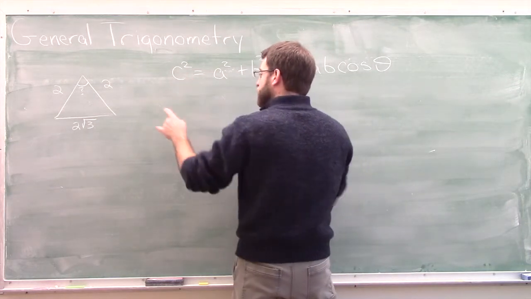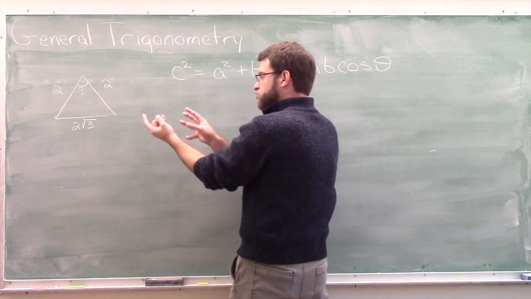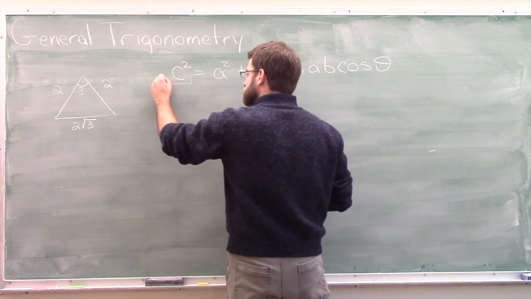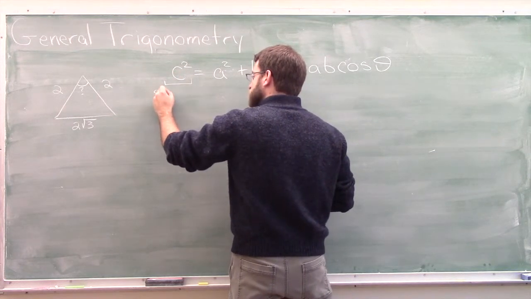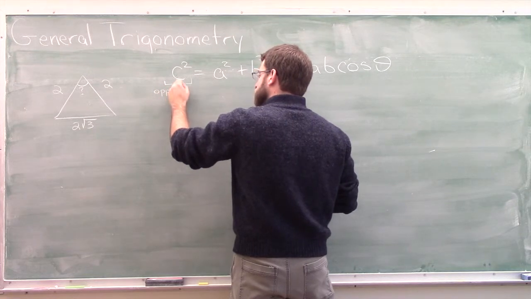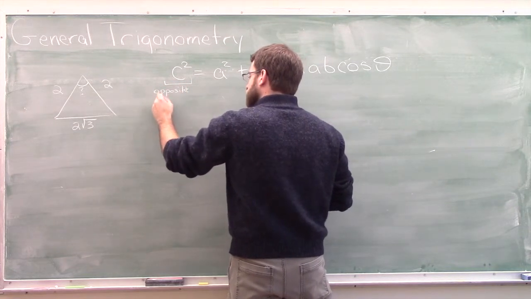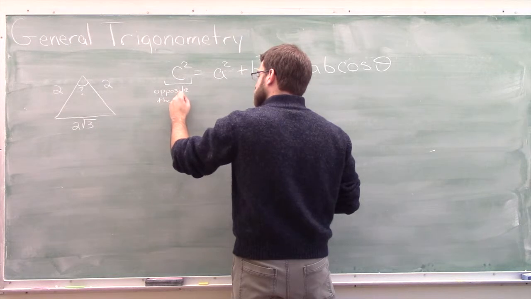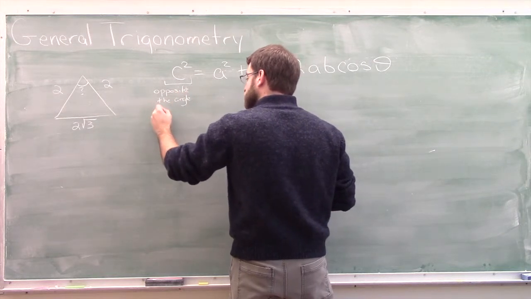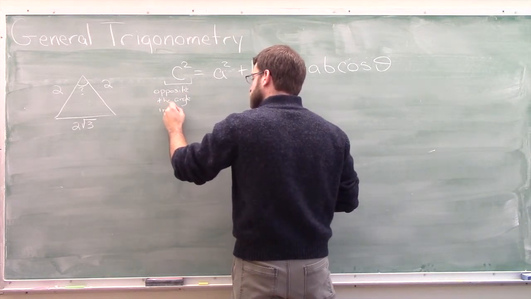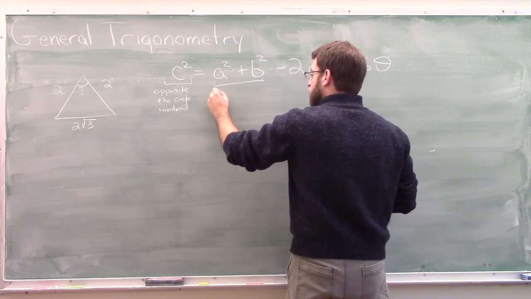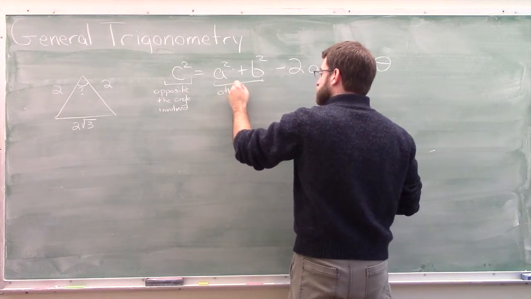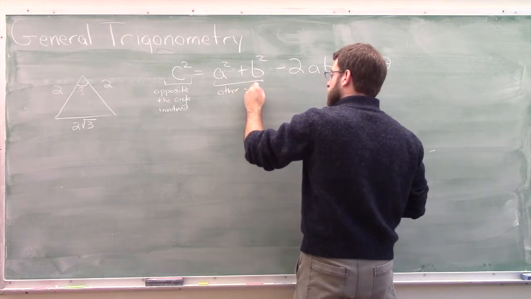And when you're mapping the information that you have from your triangle into this formula, or substituting into this formula, the C is opposite the angle of interest, or the angle involved. The other two sides, A and B, are just the other sides. Okay?